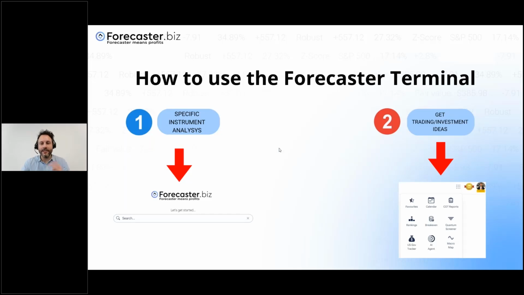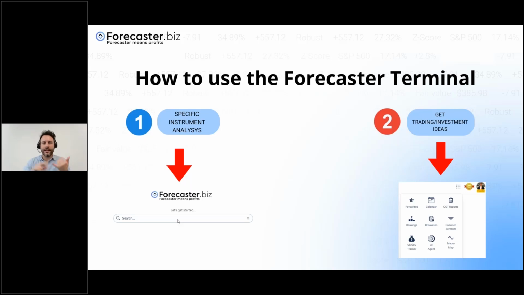So this architecture is very simple, and it was designed in order to use the software in two specific ways. First of all, you can use the Forecaster Terminal to analyze a specific instrument. You can go directly to the search bar and search the financial instrument.